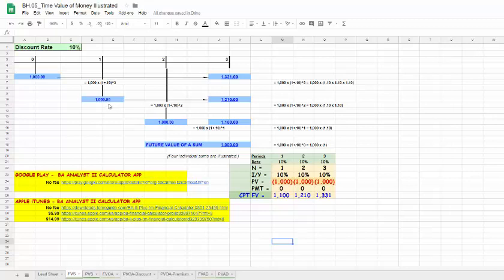If you were to put away $1,000 for 2 years, you would get $1,100 at the end of the first year, and then you would get another 10% on that $1,100, or another $110 to accumulate $1,210 at the end of 2 years.